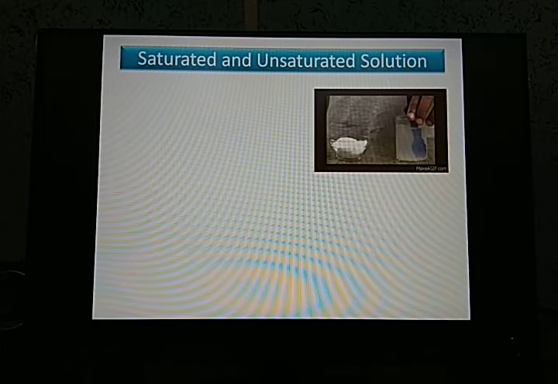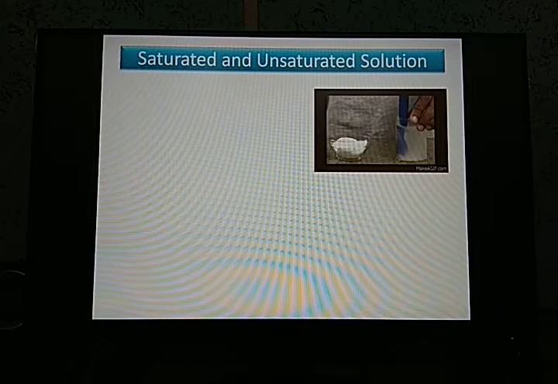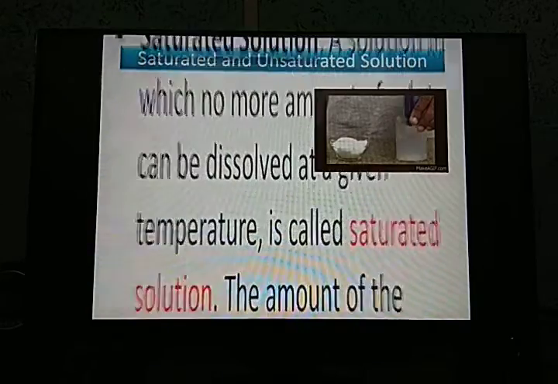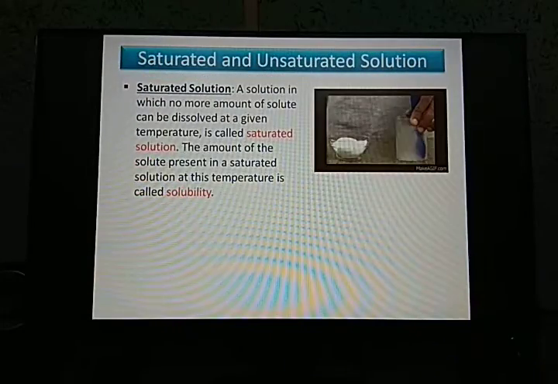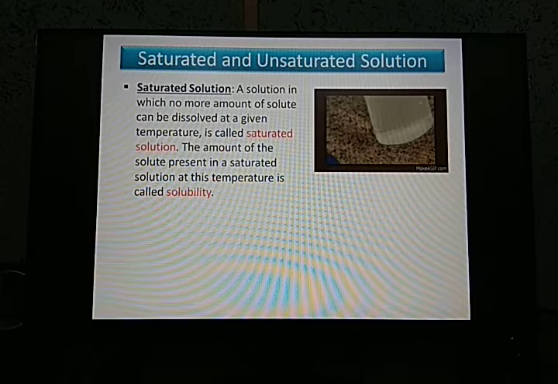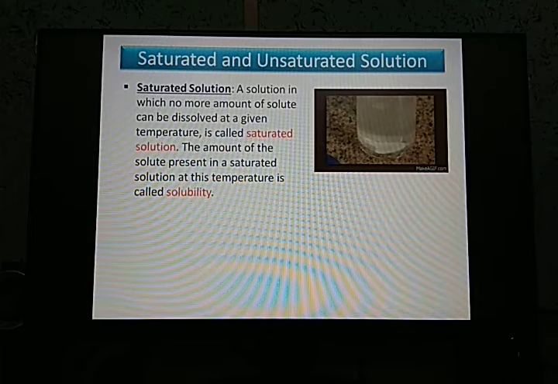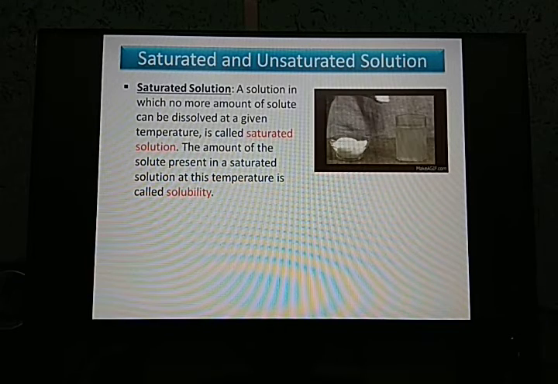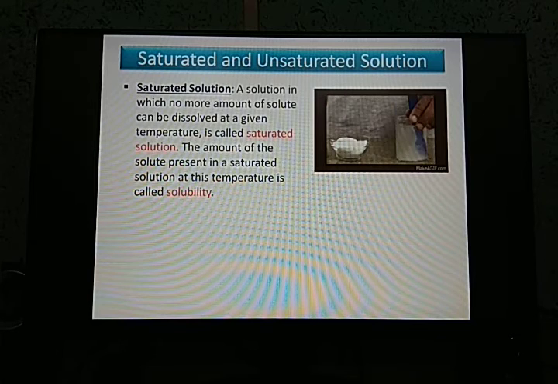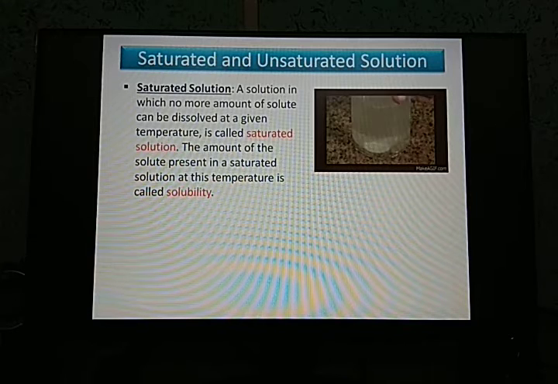Now let us see the definition of saturation or saturated solution. A solution in which no more amount of solute can be dissolved at a given temperature is called a saturated solution. As I said, we can no longer dissolve the solute in that solvent, as a result of which we can say that we have prepared a saturated solution.